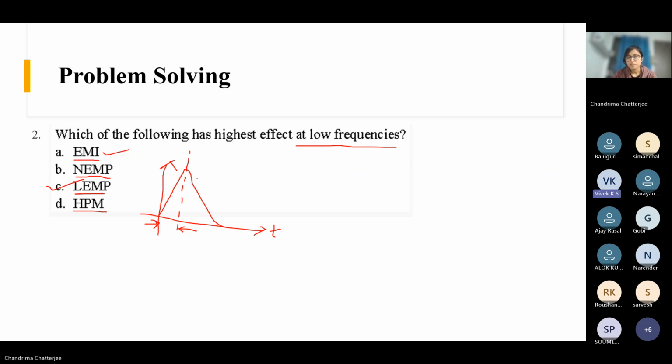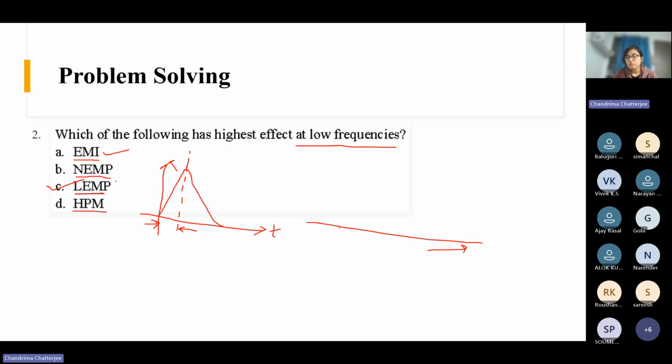So in this case, LEMP has a tapered slope rather than a steep slope when compared to the other pulses. No, but it is at low frequency. There was this spectrum, right? From low frequency towards high frequencies.